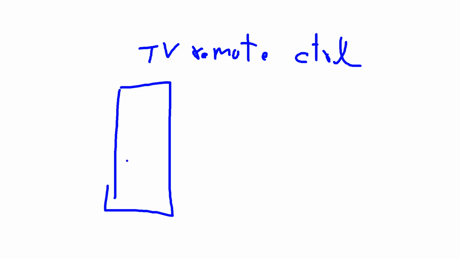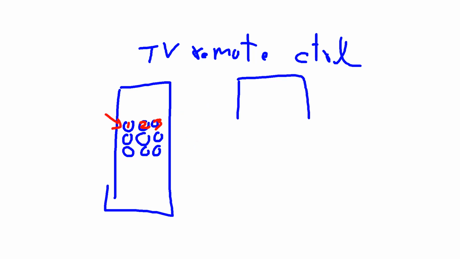For a TV remote controller, there are many keys, many buttons, maybe you have number 1, 2, 3, and so on, right? If you press number 1, for example, your television will show channel 1. If you press 2, it shows channel 2. If you press 3, it shows channel 3. And when you press 1 again, it shows channel 1.